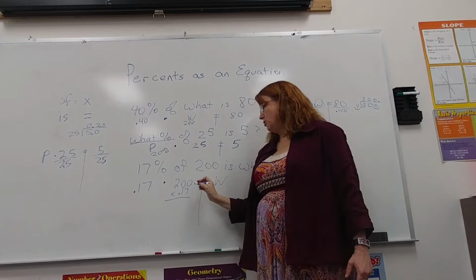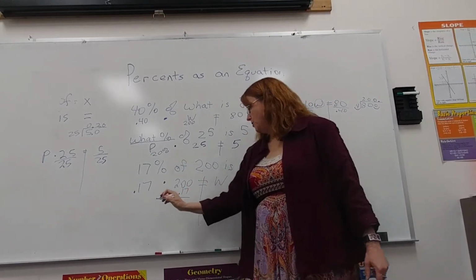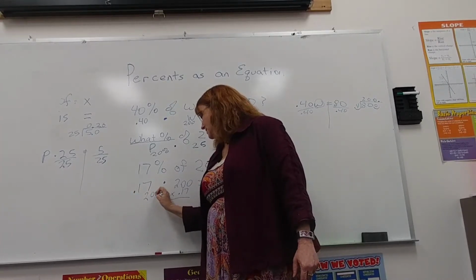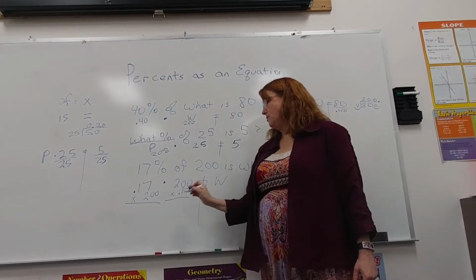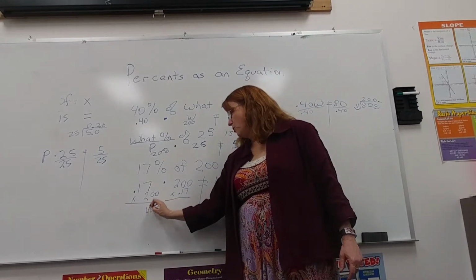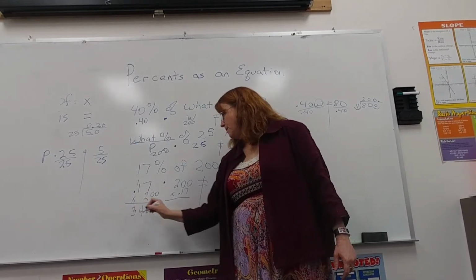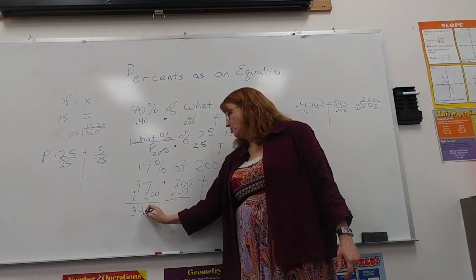And I want to show you something a little differently, just to think about it. You can also take 0.17 and take it times 200 like this. If you offset those zeros, you don't have to then do a lot of zero work. 7 times 2 is 14, 2, 3. I have 2 decimal places.